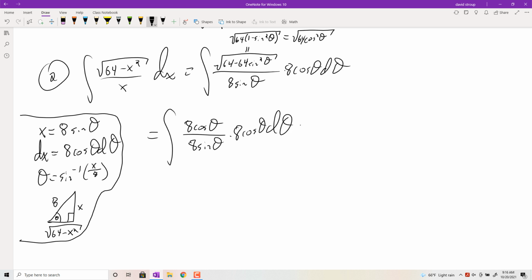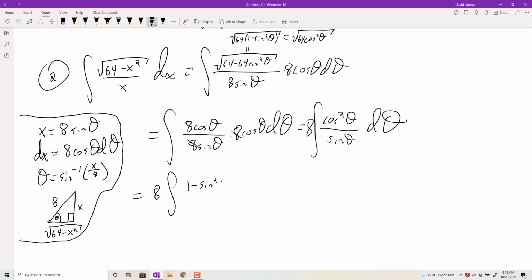And what usually happens now is you get a trig integral, right? So let's factor out an 8. These 8's cancel, and you can factor out an 8. Then you'd have cosine squared theta all over sine theta d theta. If it's not clear what to do here, you've got to use the Pythagorean identity on that cosine squared. All right, so cosine squared is the same as 1 minus sine squared theta all over sine theta.